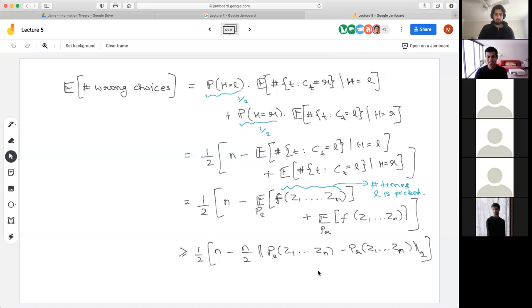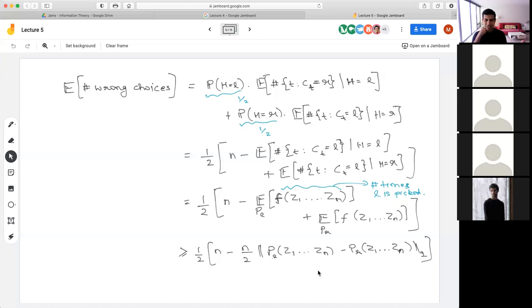Okay, so you're basically saying there's a one-to-one map here. So if you know one thing, it's like a bijection, based on the z1 to zn you see, it's equivalent, right? It's not a bijection in the sense that the set of your choices might be smaller than the possible outcomes. Your choices could be that you will always see the left hand, irrespective of z1 to zn, because that's what your strategy is.